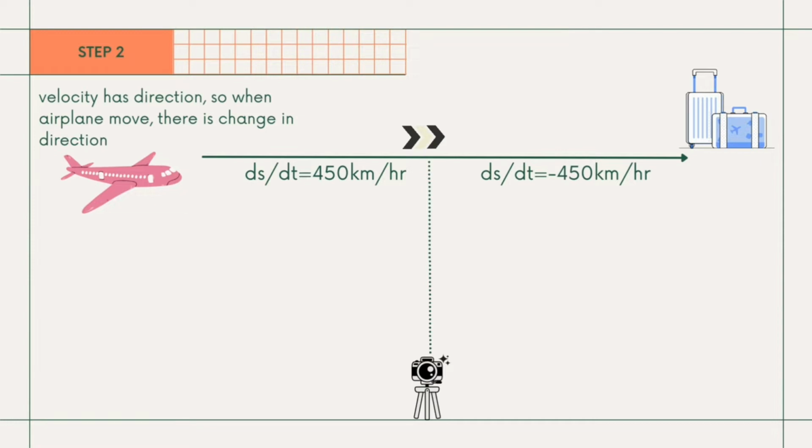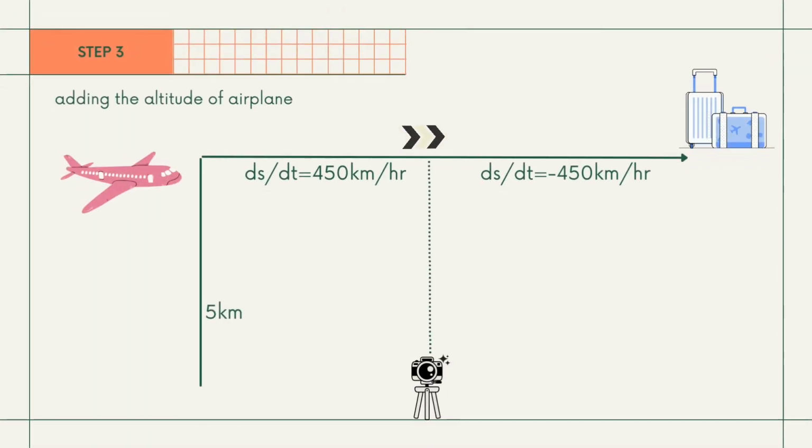The airplane is moving in a horizontal line, so let's call the horizontal line s. Notice that 450 km per hour is a rate, which means this is going to be the derivative. So ds over dt equals 450 km per hour. Therefore, ds over dt equals negative 450 km per hour.